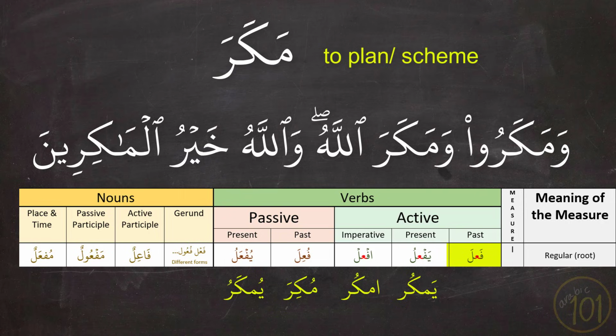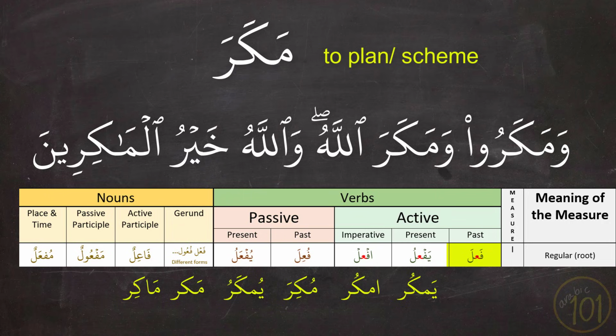The gerund or the masdar, so then the noun form of the verb, makr, and it would then mean planning or a plan. The active participle, or ismul fa'il, would then be makir, and that would of course mean planner.